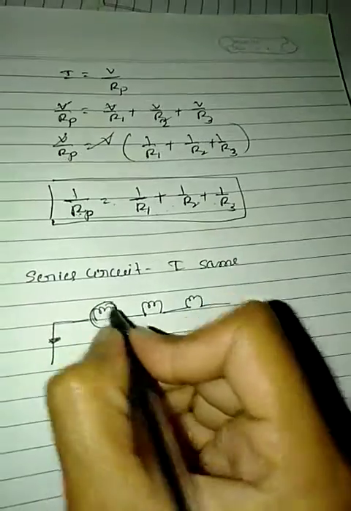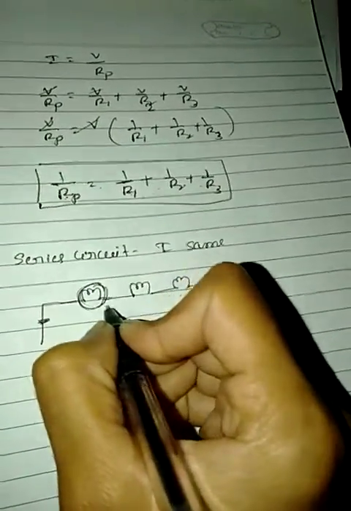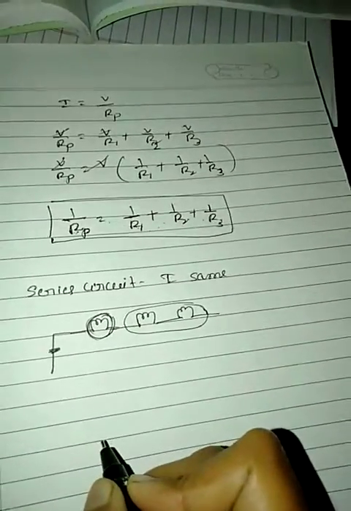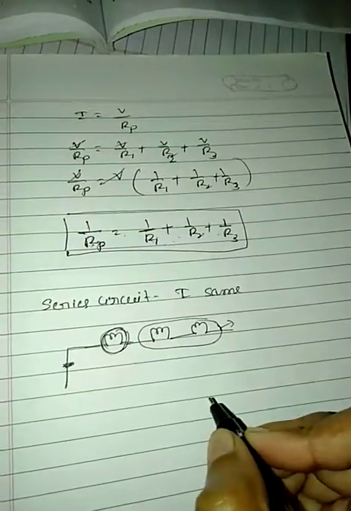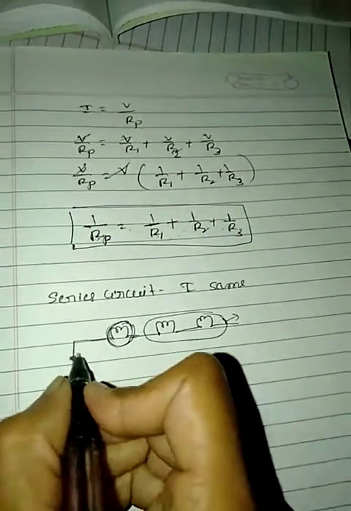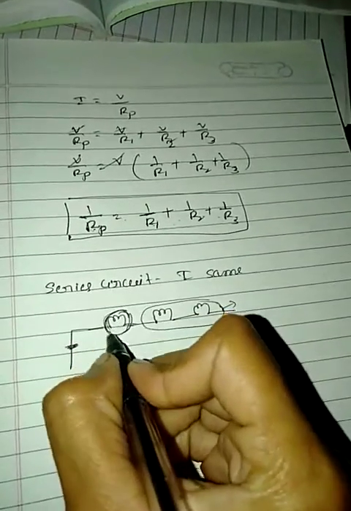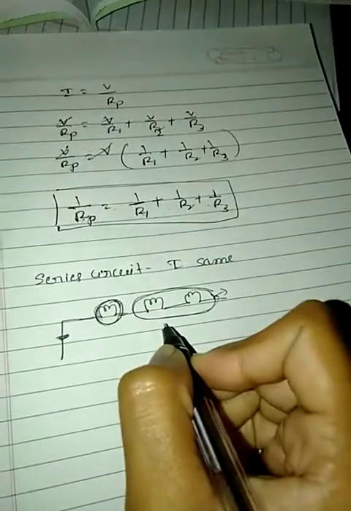When this bulb is off, all the bulbs are switched off. So in the series combination, if the circuit is broken, this bulb fails to work and the other bulbs also fail to work.